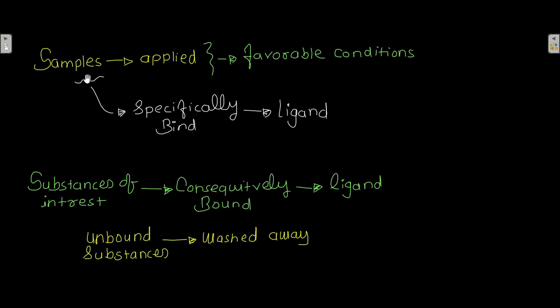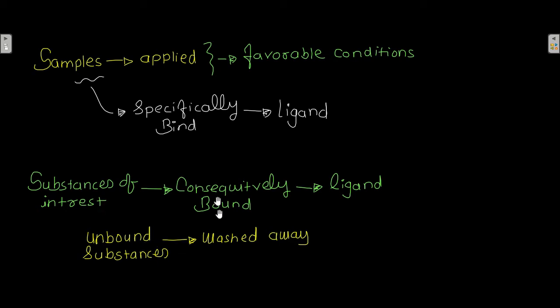Now the samples are applied in favorable conditions so that they will specifically bind to the ligand. The substances of interest will bind to the ligand, and the unbound substances will be washed away.